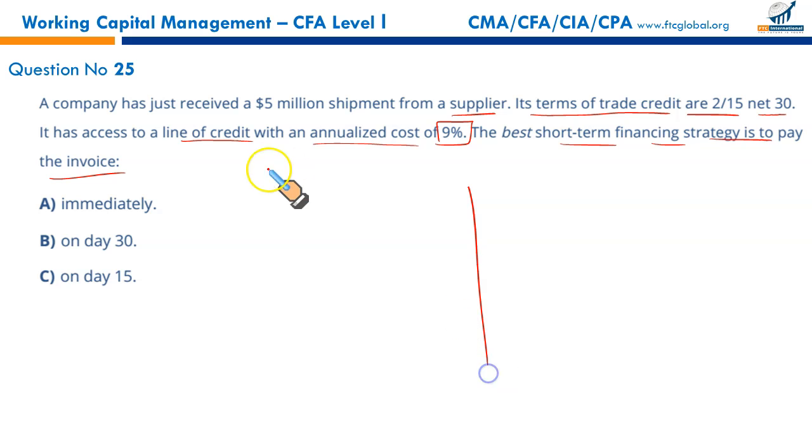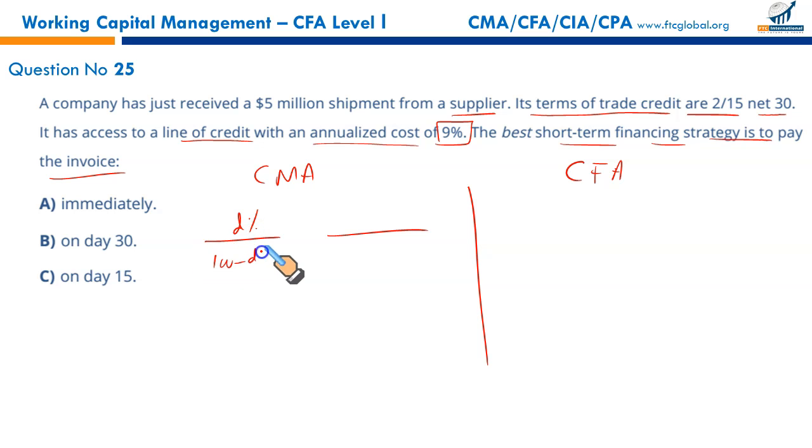One is the CMA approach, another is the CFA approach. Of course, the CFA approach is more accurate. In CMA, the formula we use is the discount percentage upon 100 minus discount percentage, multiplied by days in year, which are normally taken as 365, upon payment period 30 days minus discount period 15 days.